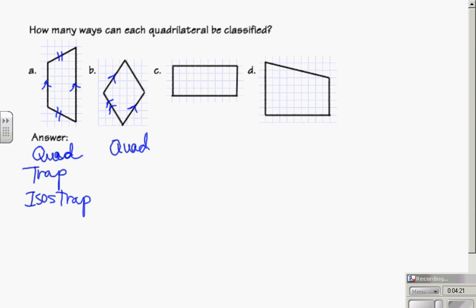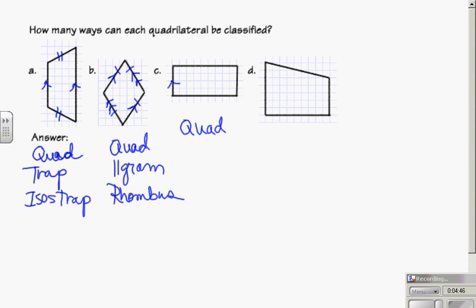Filtering down the hierarchy. Obviously, still have a quadrilateral. It appears that these sides are parallel, and I could look at the slope and count it off on a grid, and so this is a parallelogram. And again, if I were using distance formula, I would find that those are all the same, and so I have a rhombus. Then I check, do I have right angles? I don't, so I don't go to square, and I stay at rhombus.